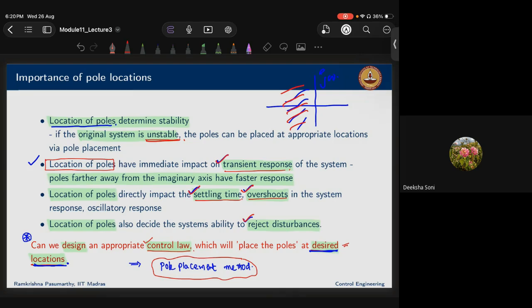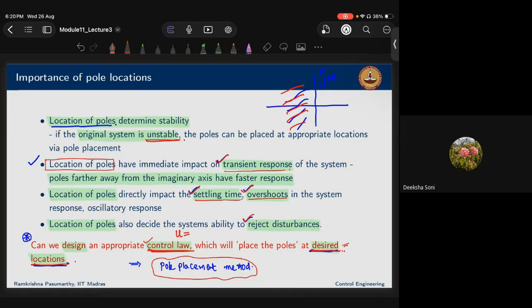Now the question we ask is, can we design an appropriate control law, that is nothing but that U, in such a way that it can place our poles at any desired locations?